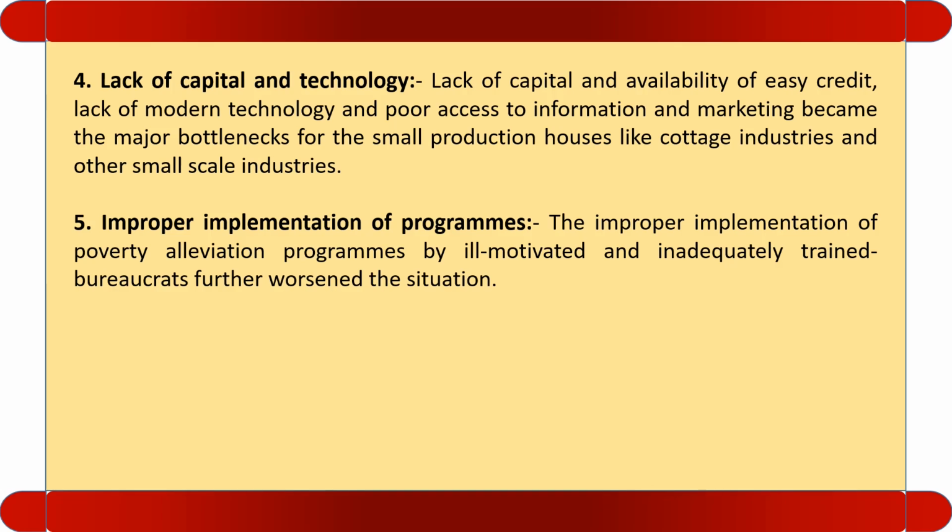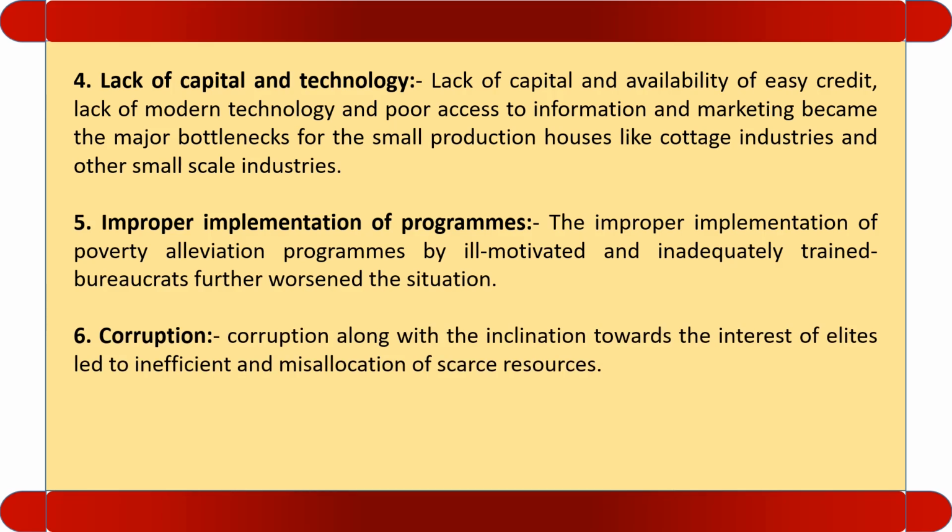The improper implementation of poverty alleviation programs by ill-motivated and inadequately trained bureaucrats further worsened the situation. Next is corruption. Corruption along with the inclination toward the interest of elites leads to inefficient and misallocation of scarce resources.